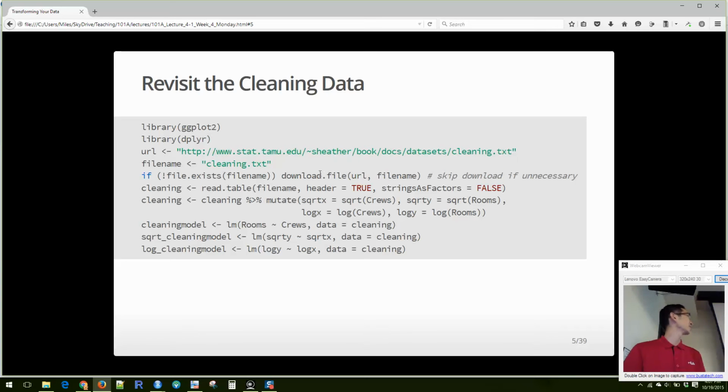Then you would change this function from download.file to just download. Sometimes that solves problems. No guarantees, but if you're having trouble, just let me know.